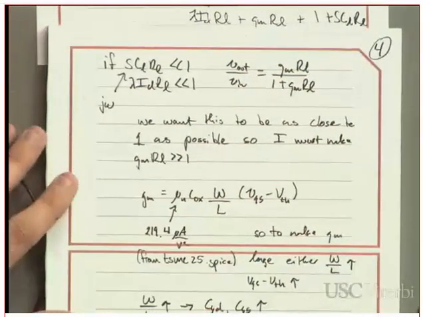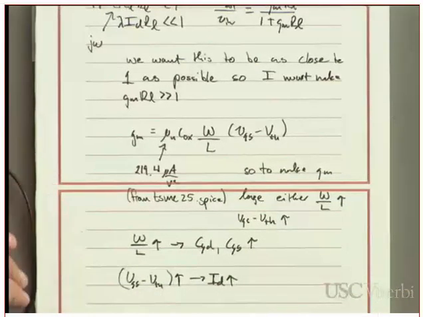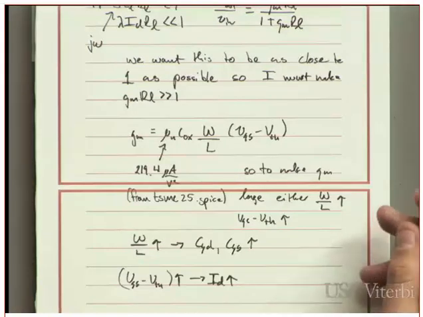So there are trade-offs and things that you have to deal with to get what you need out of the circuit without running into boundaries that you have to respect, basically.